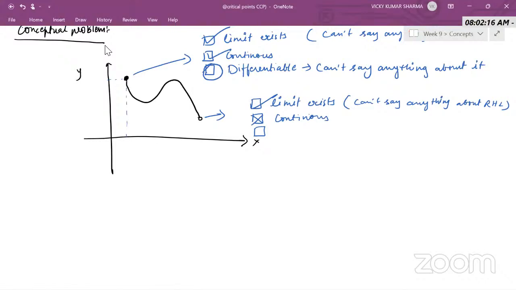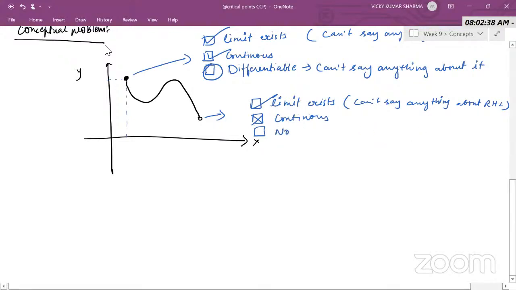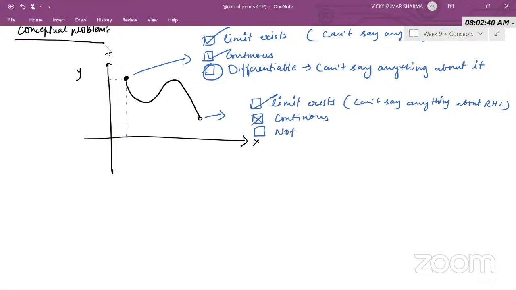So can you say anything about differentiability? But it is not continuous, so it can't be differentiable. Of course you can say that. That's a valid thing. It's not differentiable here, just because it is not continuous.